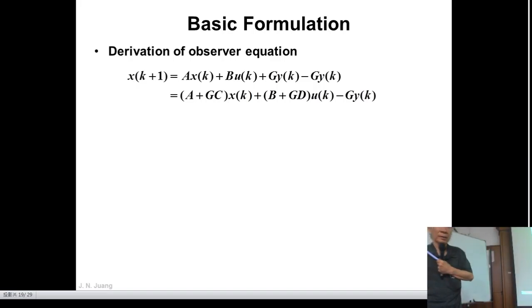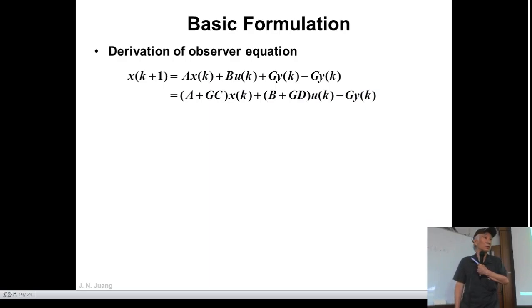Now, that's my state space equation: Axk plus Buk. Then I have Gyk minus Gyk. I add one Gyk and I subtract one Gyk. That means I do not change my state equation.